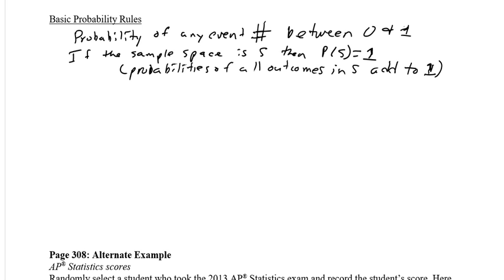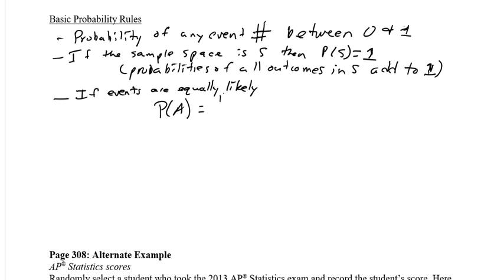So if events are equally likely, so if your 2 dice are fair, then all 36 outcomes are equally likely. Then the probability of an event, call it A, is the number of outcomes in A, whatever the event A is, over the total number of outcomes.